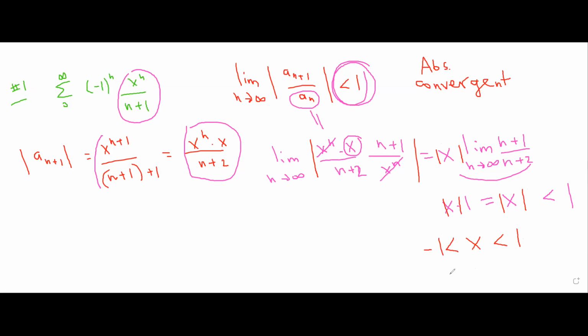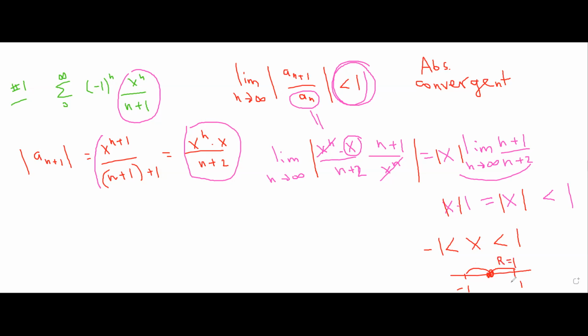Well, I guess it's not really that interesting for us if you look at the interval in between minus and plus 1. So the radius is the distance to the center. It's like the diameter is here, so half of it is the radius. So that's why we say radius is 1.